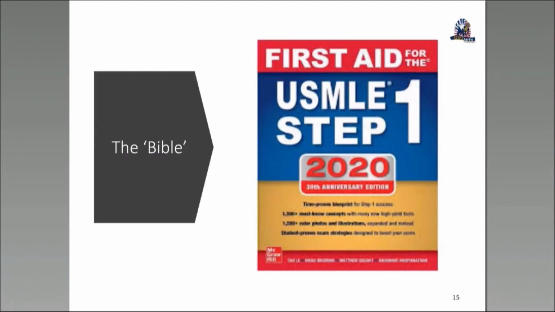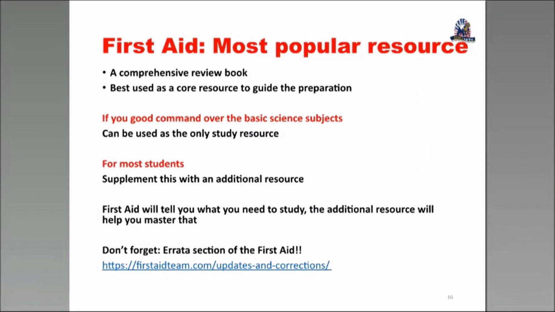So the first is First Aid for USMLE Step 1. This is your Bible, your Gita, your Quran, call it what you will. It is the most important and the most popular resource among the students. First Aid is a very comprehensive review book, and you have to use it as a core resource to guide the preparation.